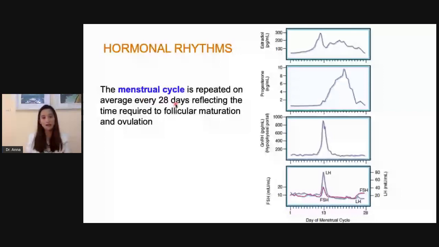We'll discuss the menstrual cycle in more detail when we go to female reproductive endocrinology. The menstrual cycle is not just under obstetrics and gynecology, it's also under endocrinology because this is governed by your different hormones.